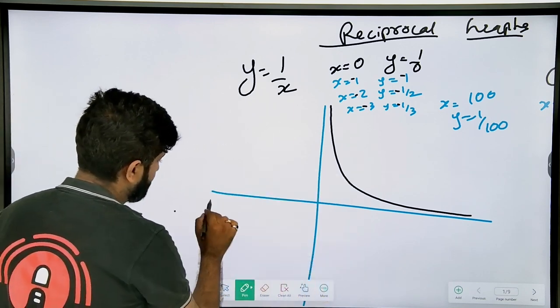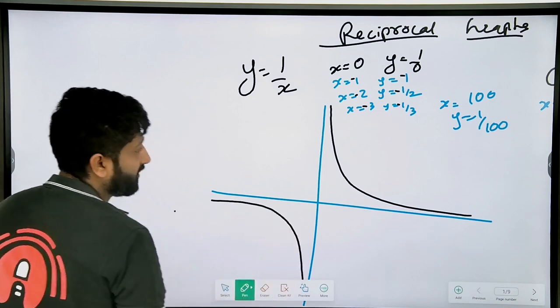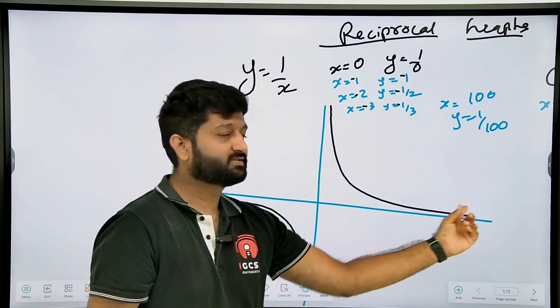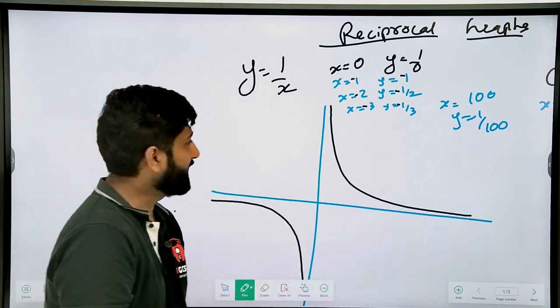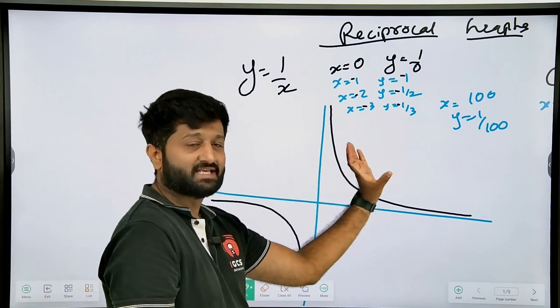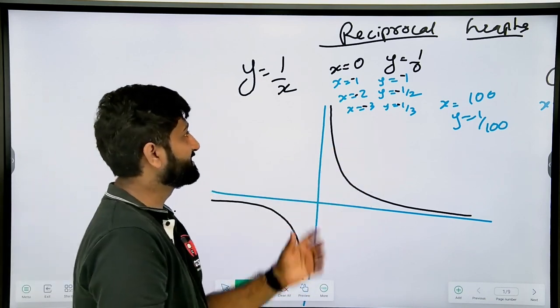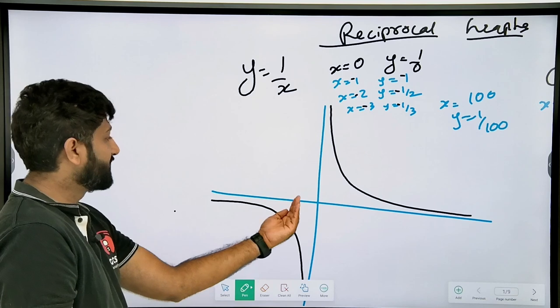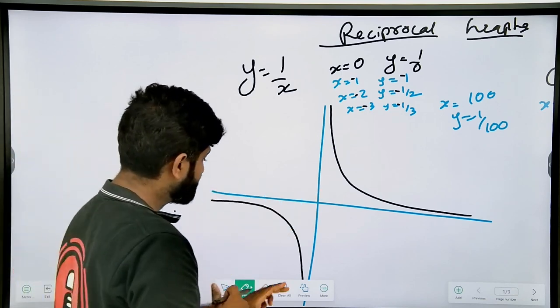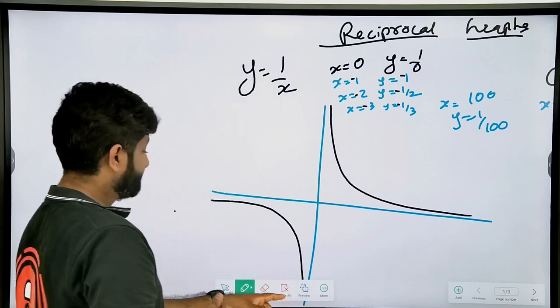This is the reciprocal curve, kind of forming two different cups or C shapes, right? As you are negatively increasing the value of x, the value of y is reducing, right? This is called a reciprocal curve.